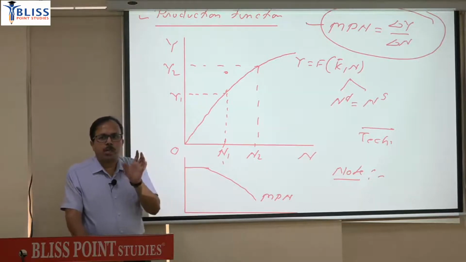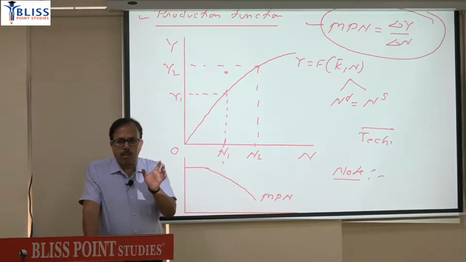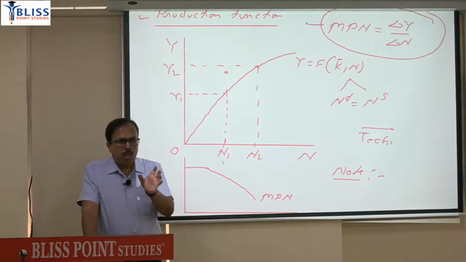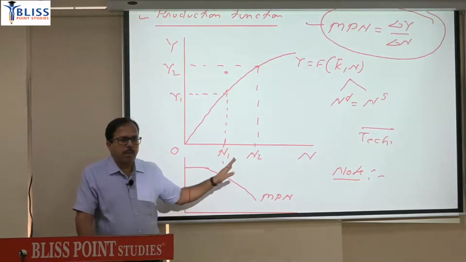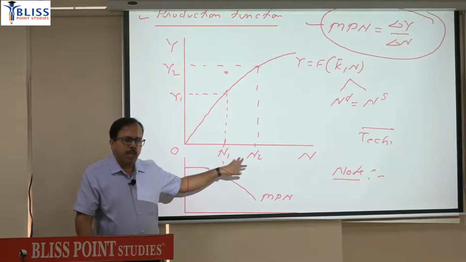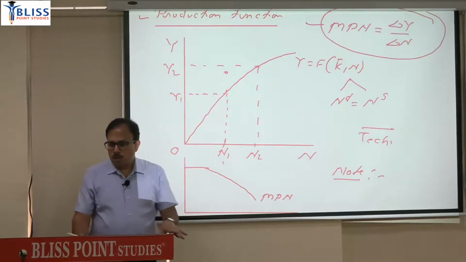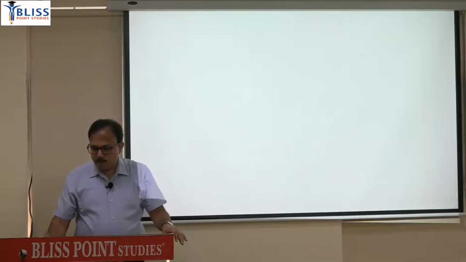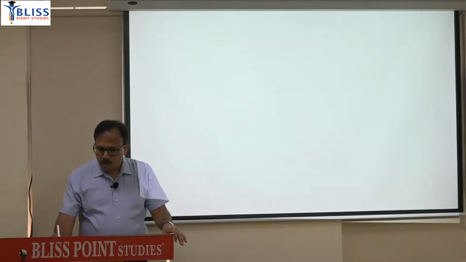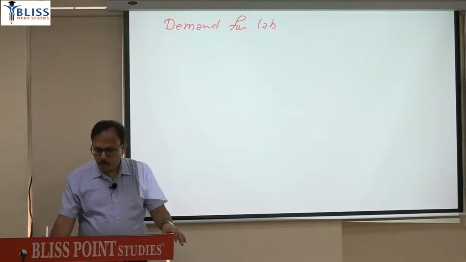So first we will explain labor demand, then labor supply, then their equality will determine N. Once we determine N, then we can determine Y. ठीक है. So now we have to explain labor demand first. Demand for labor.